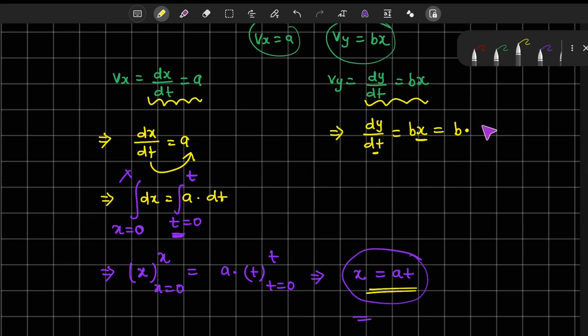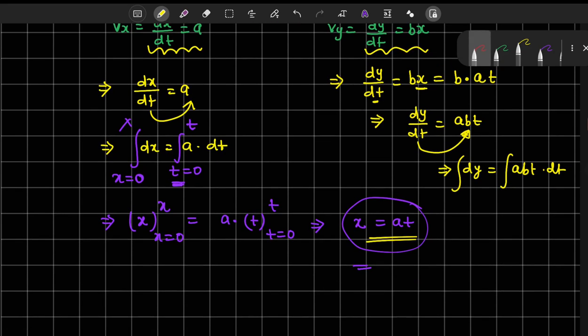So let us substitute here, so we can write b times at. So we can write dy by dt is equal to ab into t. Let us take dt to this particular side, so we can write dy is equal to abt into dt, and integrate.